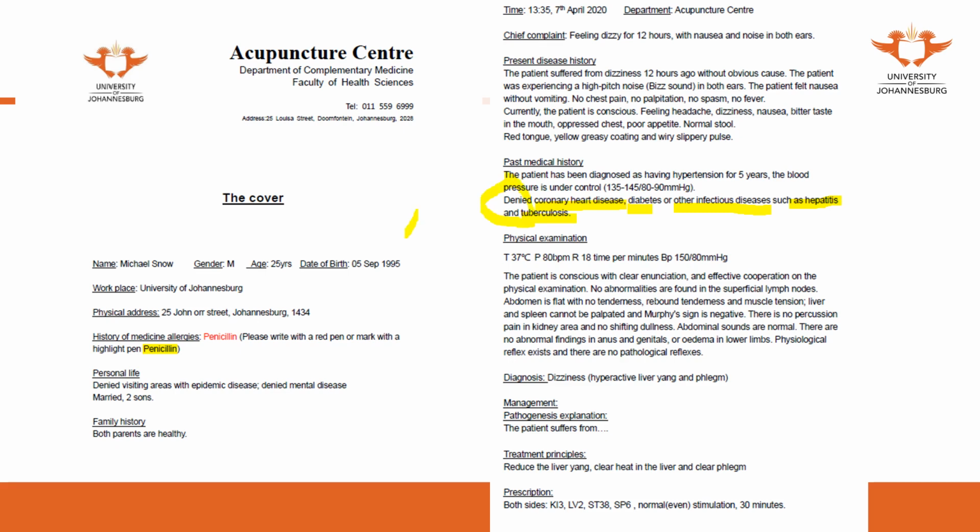We don't use no. Again, we don't use no. The reason is the difference between denied and no. Denied means I have asked, but the patient says no. So that's the patient denied.